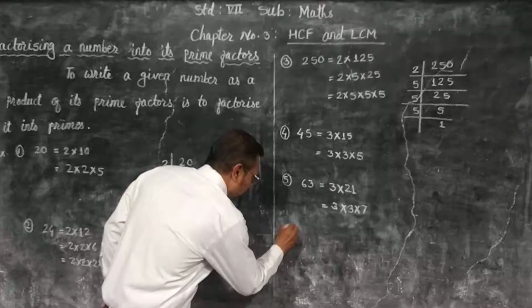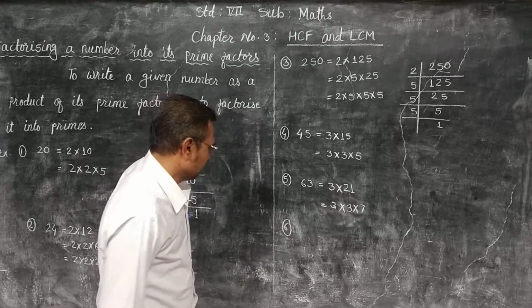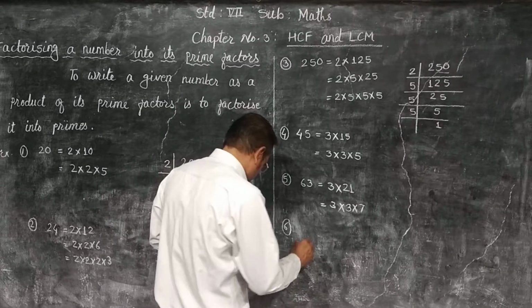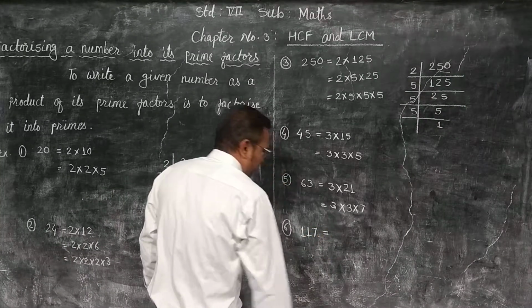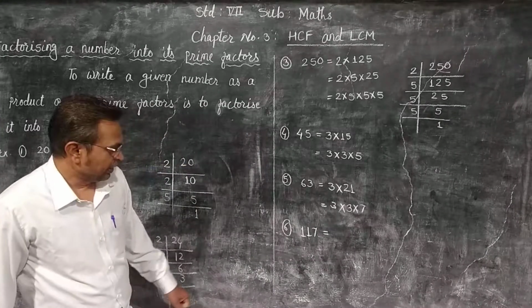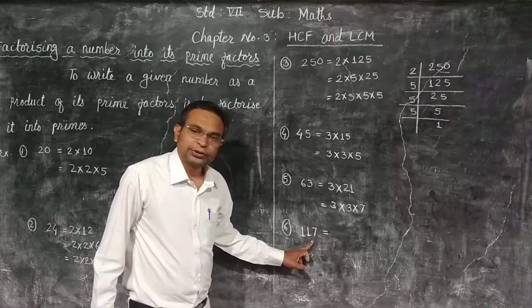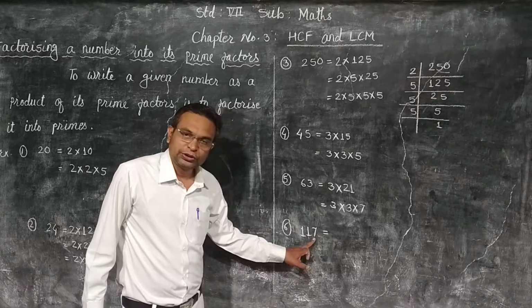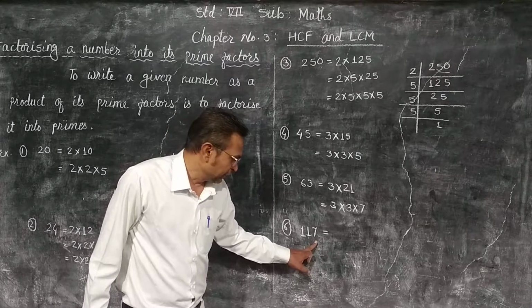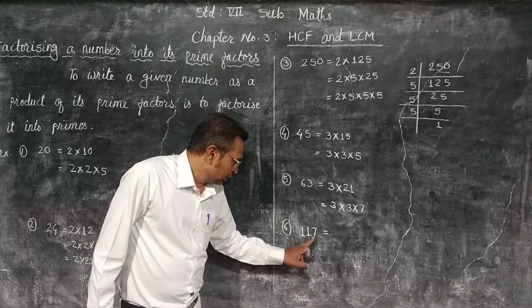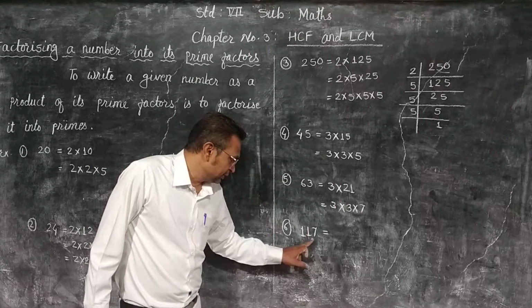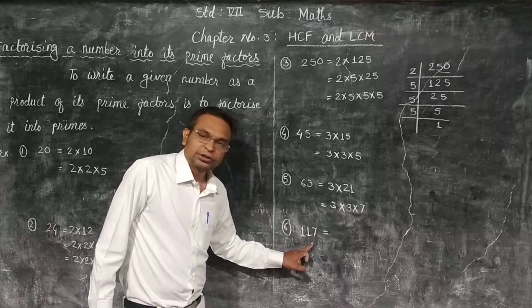Again we will see an example, 170. Is 170 divisible by 2? No, because there is no 0, 2, 4, 6 or 8. Then after 2, the next prime number is 3. Add the digits. 1 plus 1 is 2, 2 plus 7 is 9.